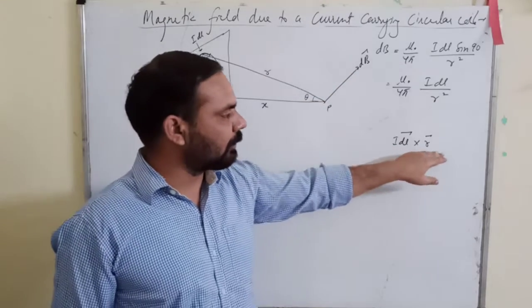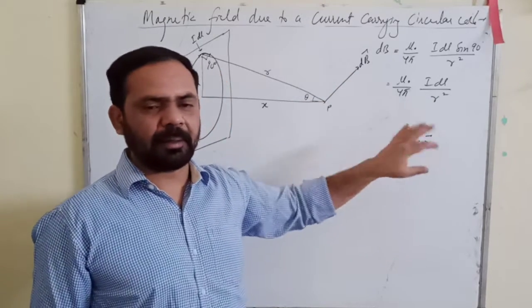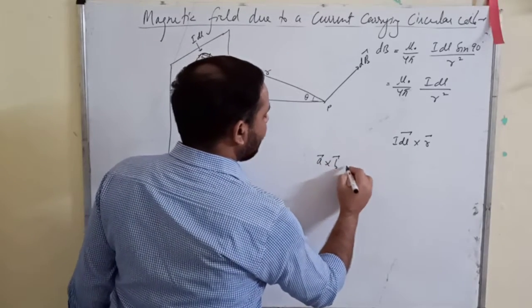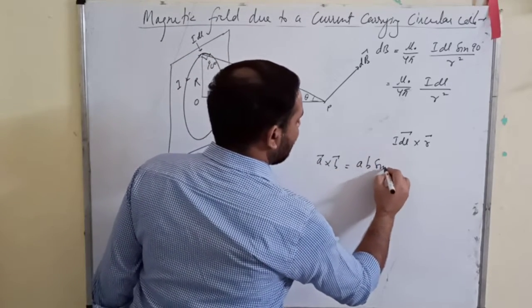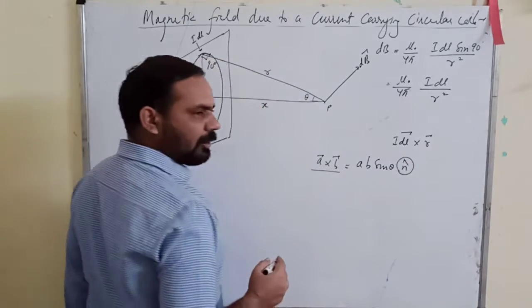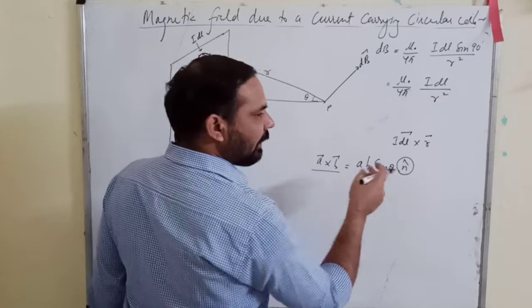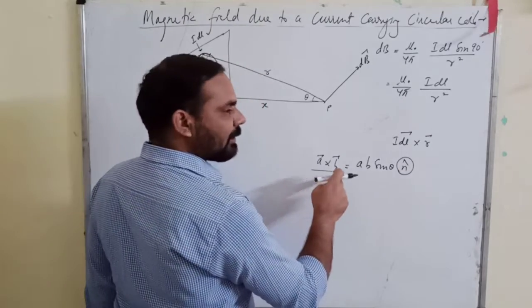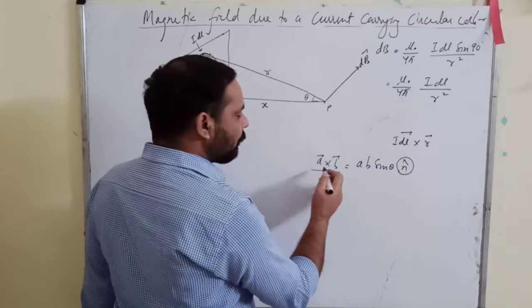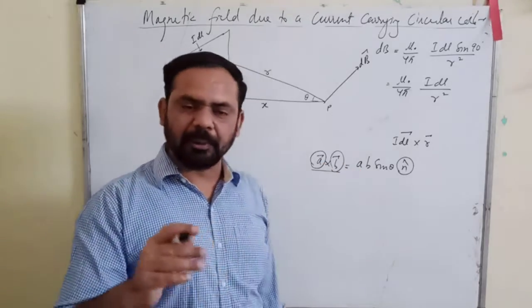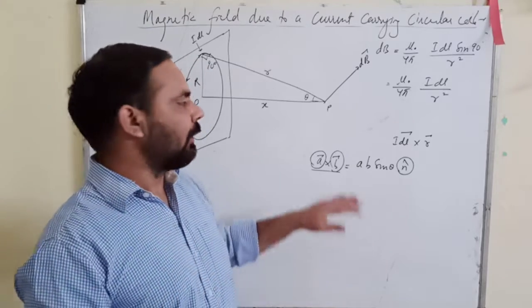to both the vectors I dL vector and r vector. When you take A cross B, it is equal to AB sin theta n cap. N cap gives the direction of A vector cross B vector, which is obtained by right hand thumb rule or right hand screw rule, and the direction is always perpendicular to both A vector and B vector.